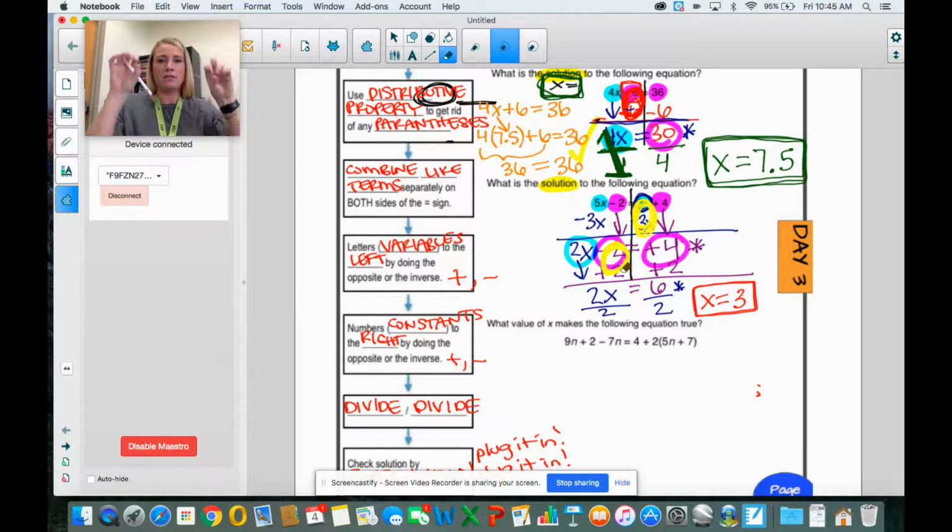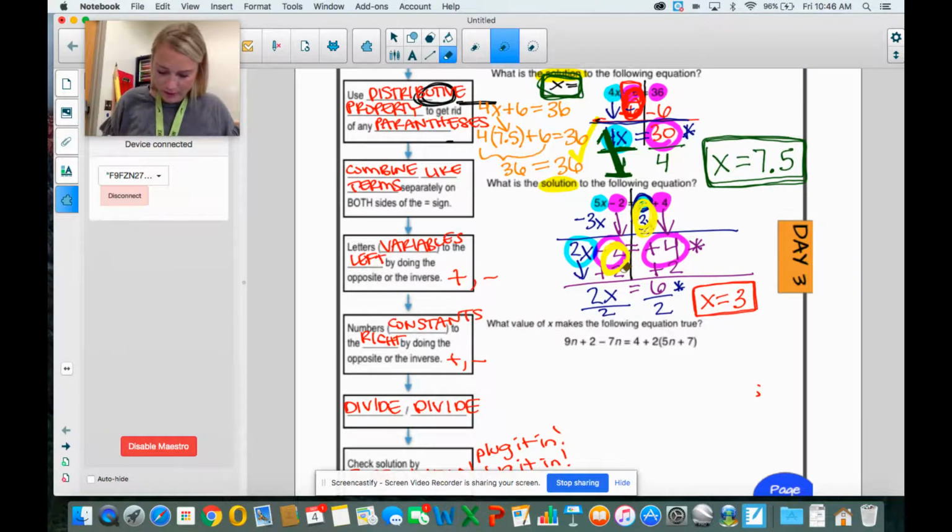That was a good example of doing letters to the left, numbers to the right, divide, divide. Now, we do want to check this. We're going to check it by substitution, plug it in, plug it in. Wherever I see an x, I should be plugging in what number? 3. So let's do that over here on the side.